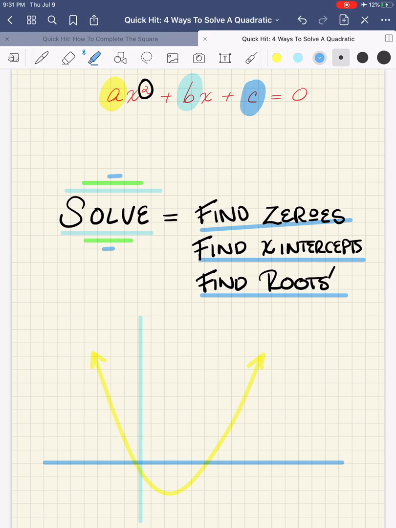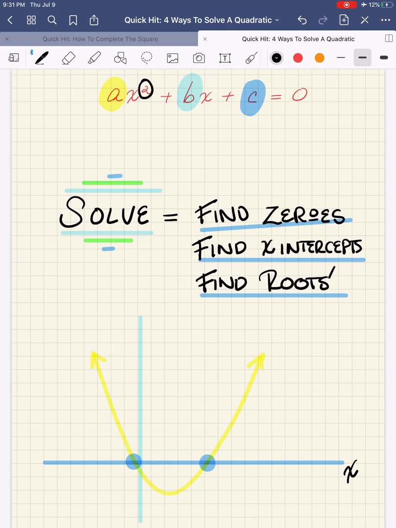All it means is when I'm portraying this quadratic graphically, the solutions or the x-intercepts or the roots are those 2 places, or 1 place, or in some cases no place, where the quadratic intercepts or goes through the x-axis, the horizontal axis.